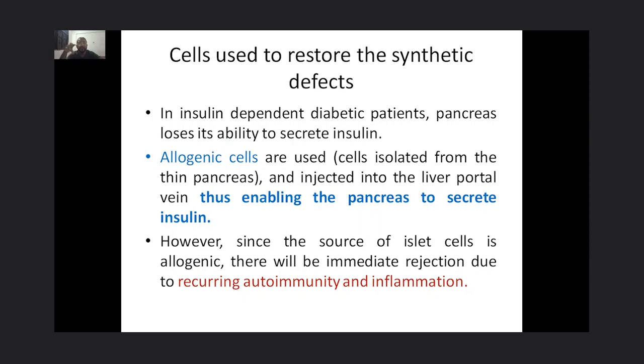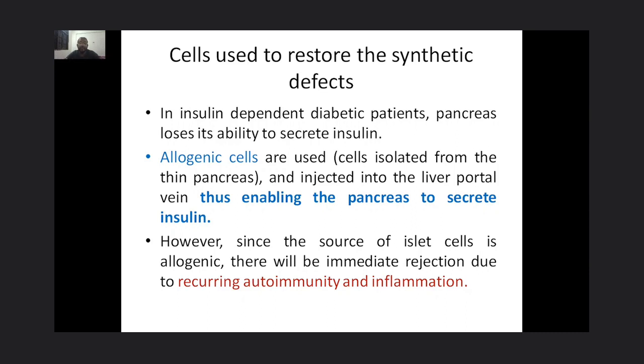So we know that insulin is produced from the pancreas. In an insulin dependent diabetic patient, the pancreas loses its ability to secrete insulin properly.